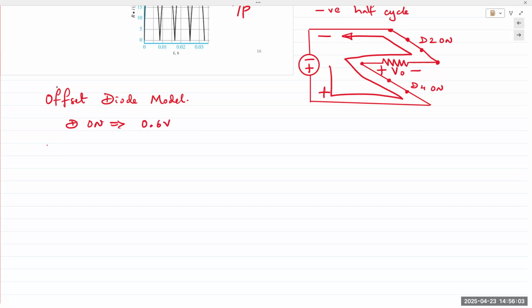Your input must account for this voltage requirement. If you require 5 volts at the output, your input must be 5.6. For a bridge rectifier, it must be 6.2. So 1.2 volts. It needs to account for all the diodes in that circuit line.